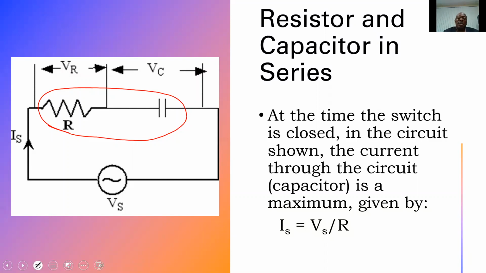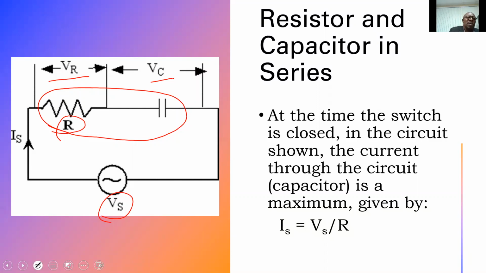This current will be given by Vs, our supply voltage, divided by R. At that point in time, all the voltage will be seen across the resistor, which means the voltage across the capacitor at that time is 0.